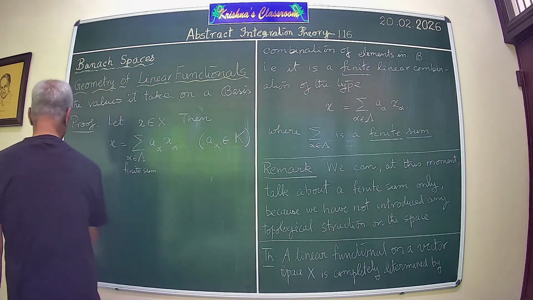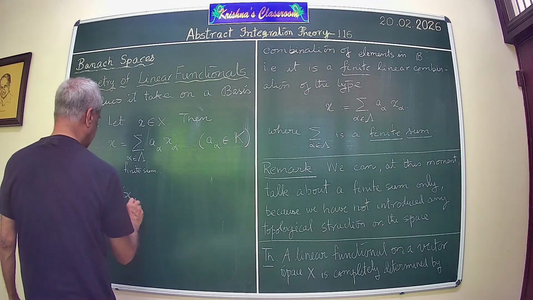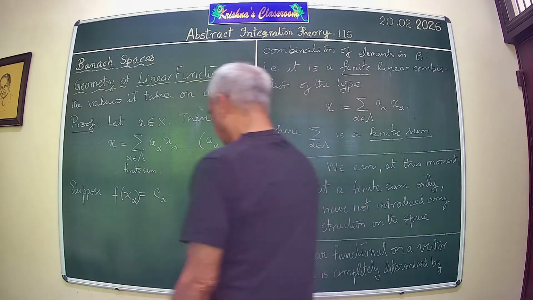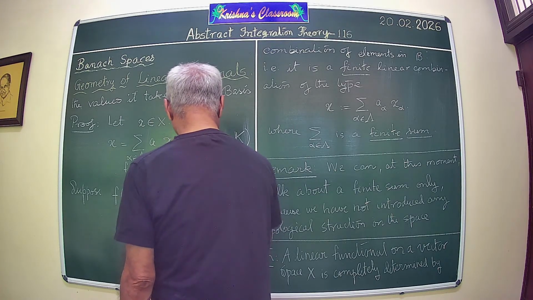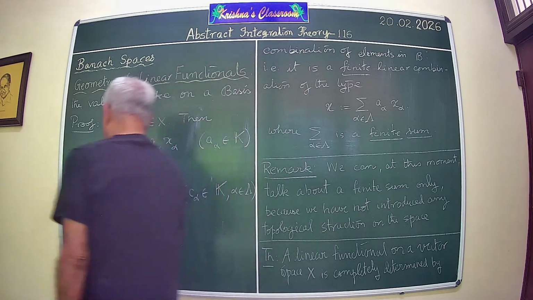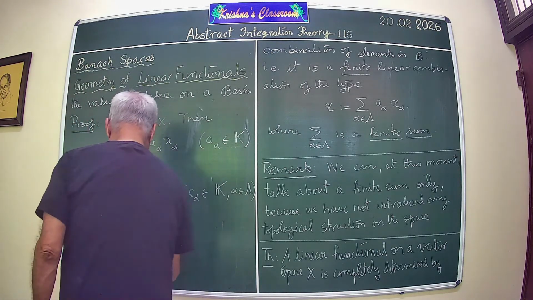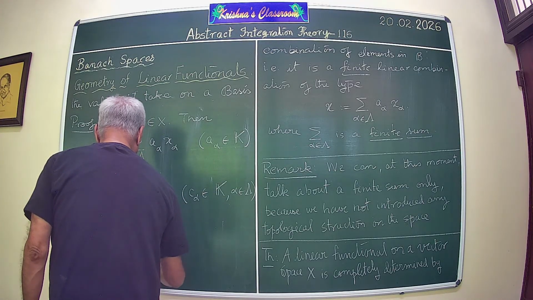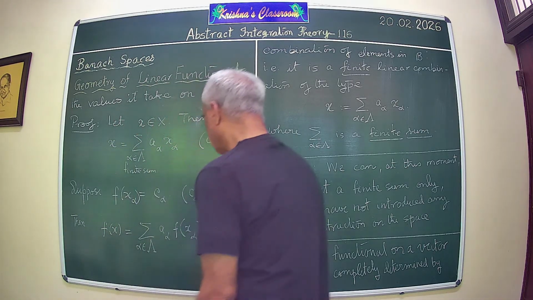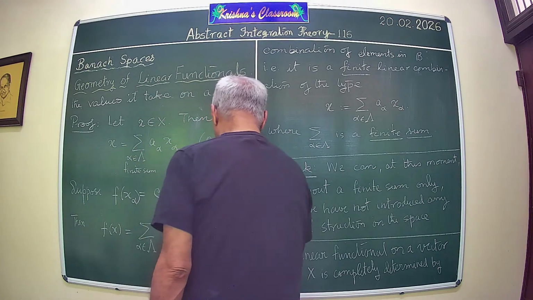Now suppose f of x alpha is equal to c alpha, where of course c alpha belongs to K. Then f of x is equal to the sum over alpha belonging to lambda of a alpha f of x alpha, and this is equal to the sum over alpha belonging to lambda of a alpha c alpha.